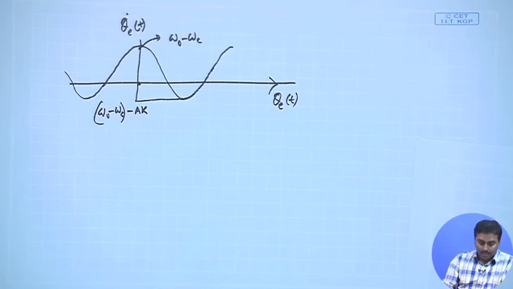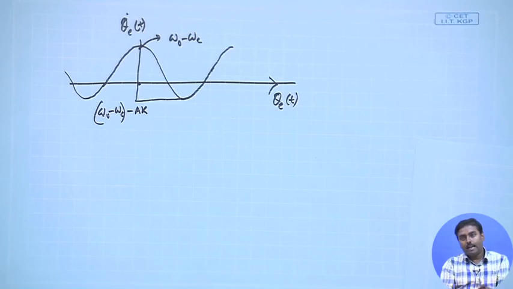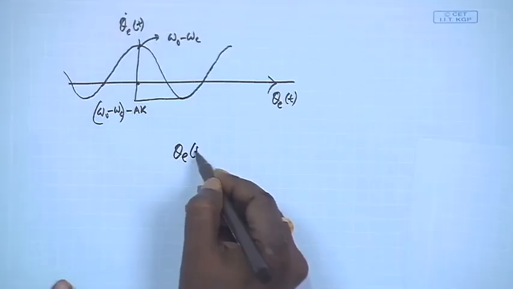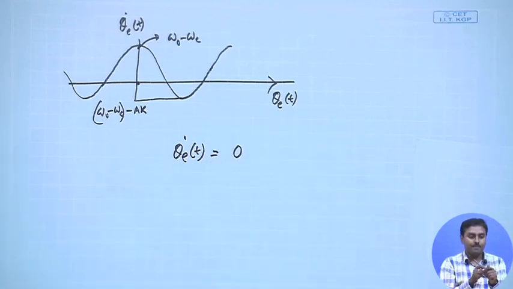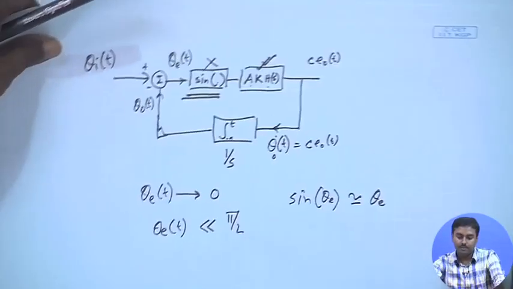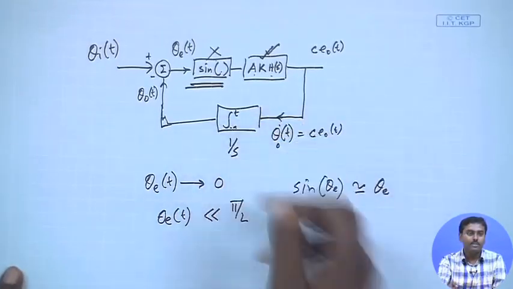Okay. Now, let us try to see where exactly I will get that phase lock, or equilibria. So, equilibria means at the input to the VCO, I have a constant thing, it is not changing. Okay. So, that means this theta e t derivative is equal to 0, because that is the input to the VCO, right.